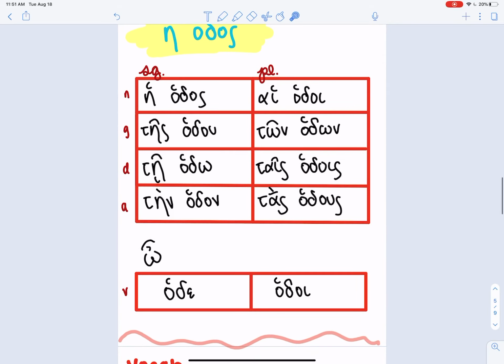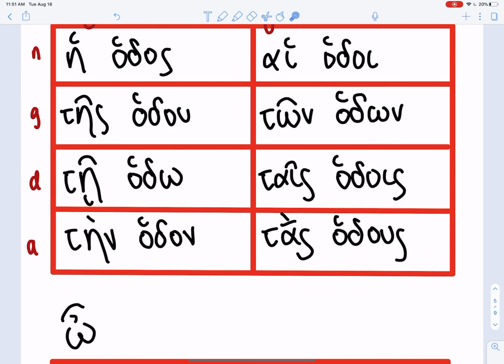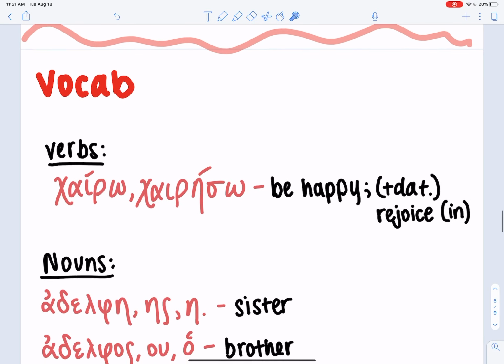And then in the vocative, o, relatively optional, hode, and hodoi. So that's all the practice we're doing in the lesson. But again, down below, there's a worksheet, which will have a few more examples that you can work through declining. And I've put in charts for you to fill in. Okay, let's move to vocab.